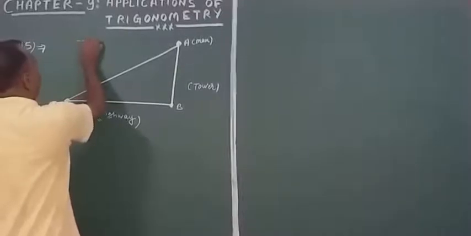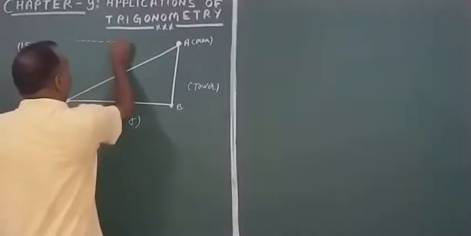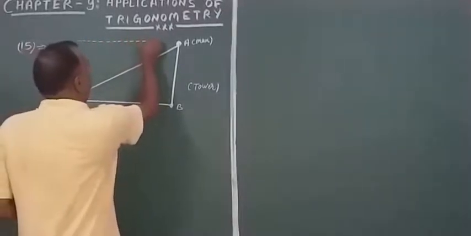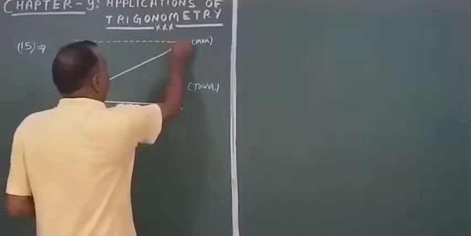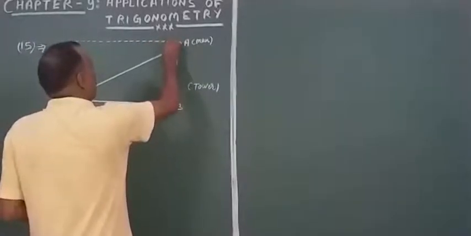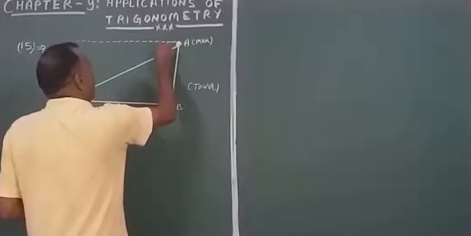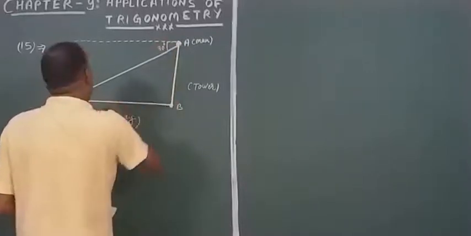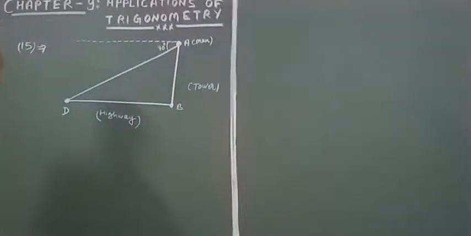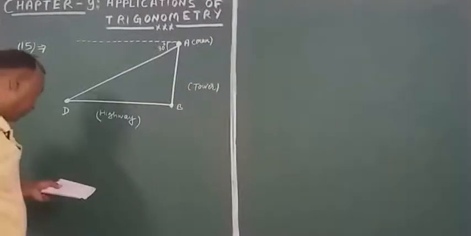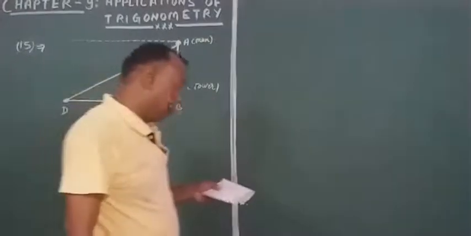So this angle is 30 degree. Here is a car at point D which is moving with the uniform speed.